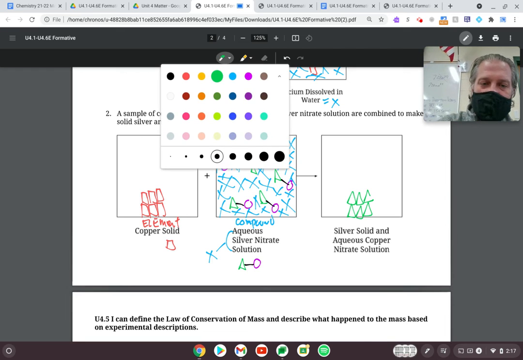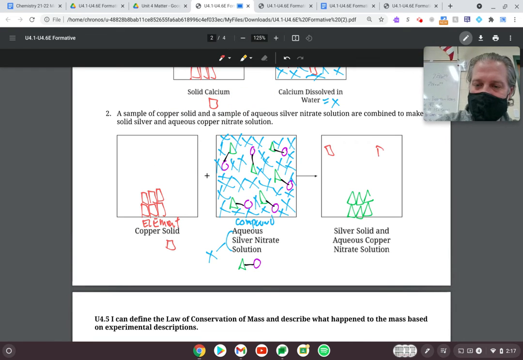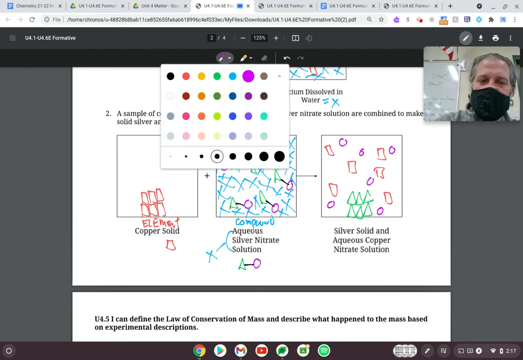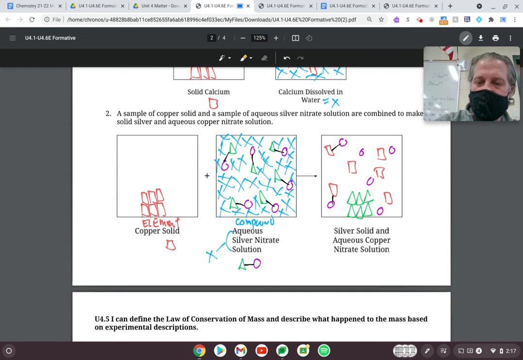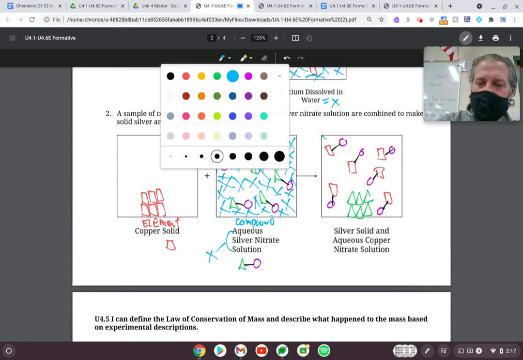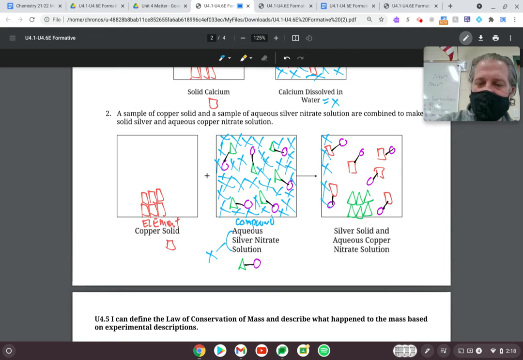We know that the copper is a square, so we're going to draw that. And then the nitrate we said was purple circles, so we'll do something like that. And then we will bond those together. And then because it's aqueous and it's a solution, we will surround those with water.